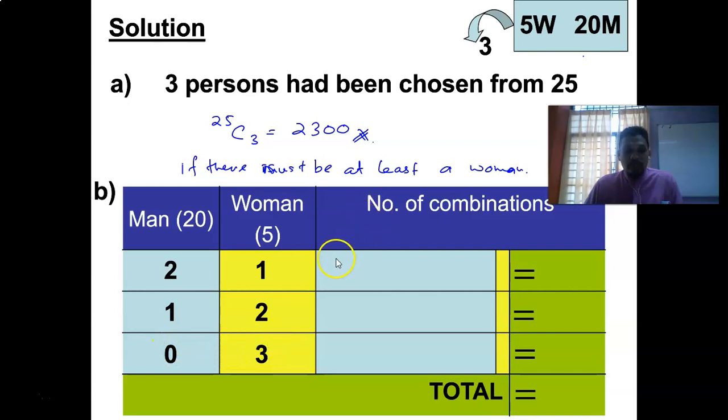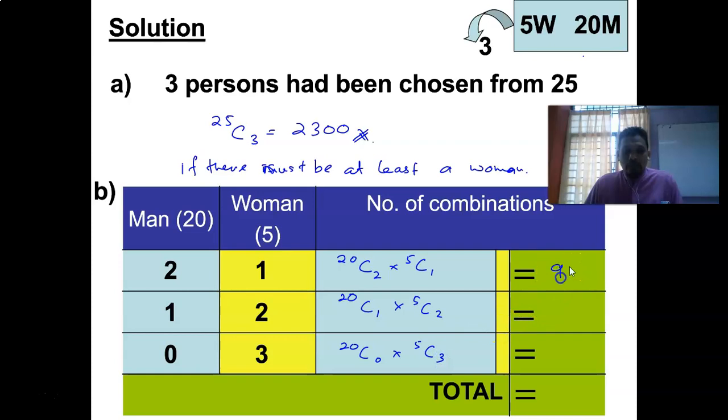For this case, it comes out with 20C2 times 5C1. And here, 20C1 times 5C2. And this one, 20C0 times 5C3.